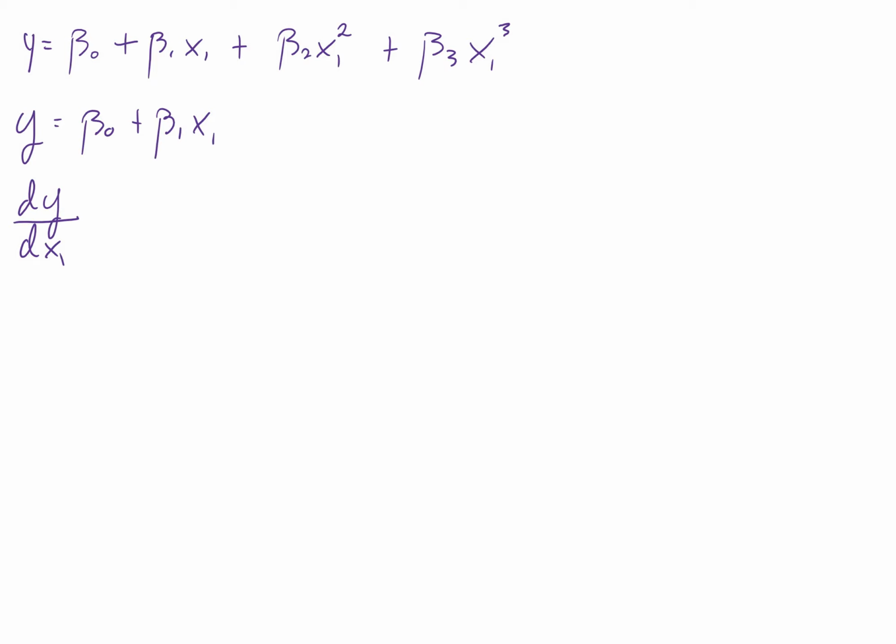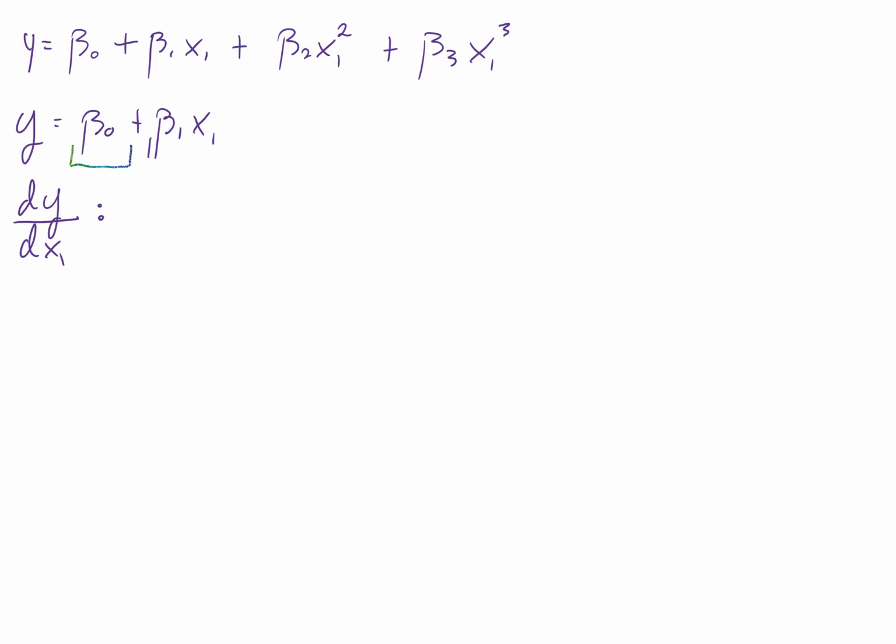Okay, so in order to do that, we're going to take the derivative of each of these components. If we take the derivative of beta 0 with respect to x1, we're going to get 0. Basically the derivative of a constant is nothing. It's a constant, so it doesn't have a rate of change. So we're just going to leave this out.